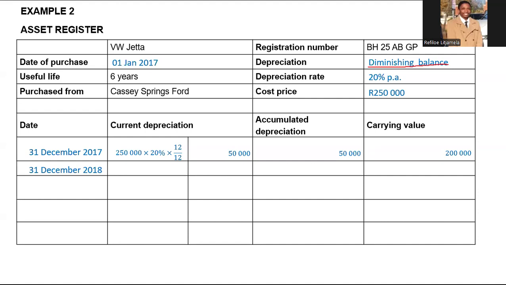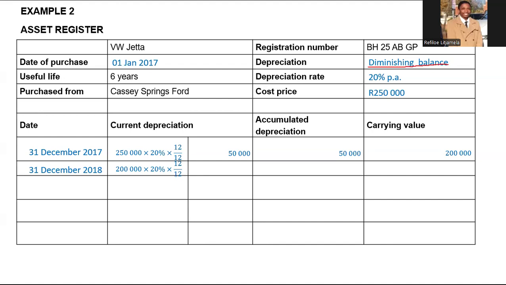Closing balance for the carrying value from the previous year is 200,000. You will take that and multiply it by 20% and multiply it by the period over which you use the asset in the current year divided by 12. But in the current year, we've used it for 12 months. So that's why we multiplied it by 12 over 12.